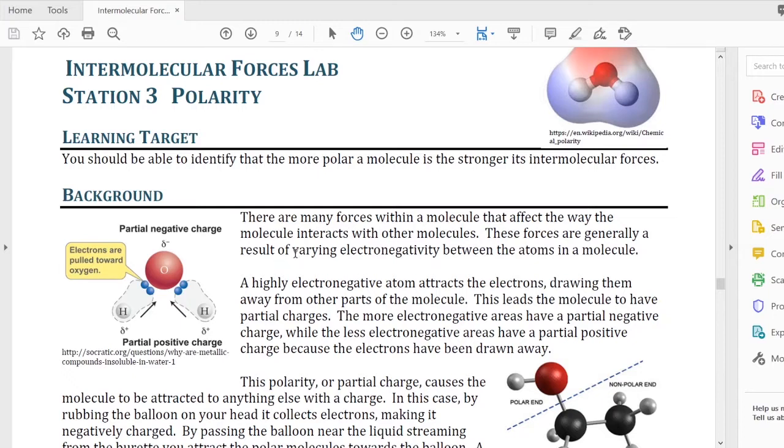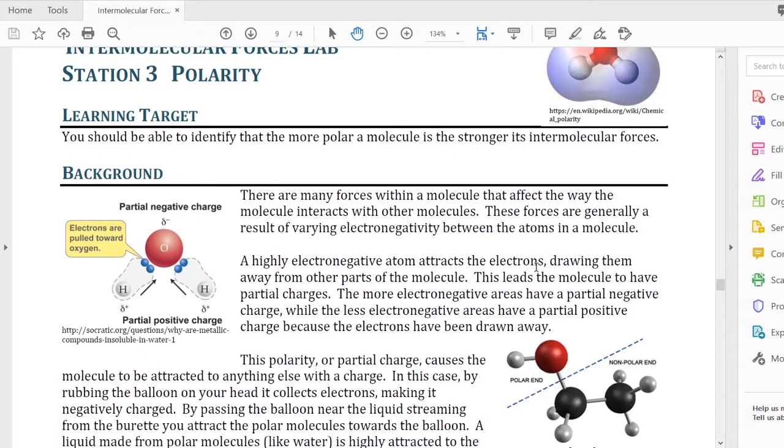And a little bit of background about it, if you can remember, there are many forces within a molecule that affect the way molecules interact with other molecules. The forces are generally a result of varying electronegativity between the atoms in a molecule, okay? A highly electronegative atom attracts electrons, drawing them away from the other parts of the molecule.